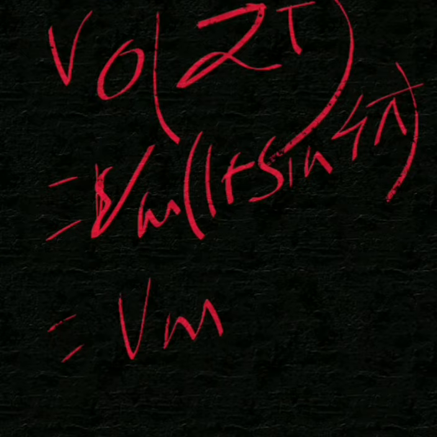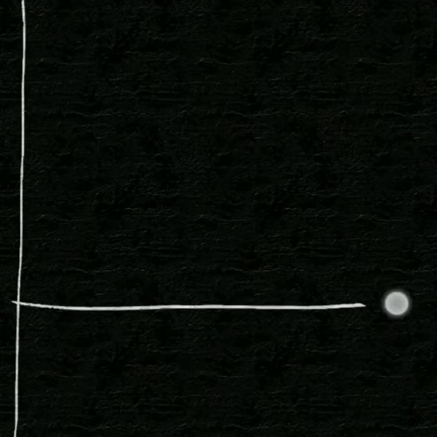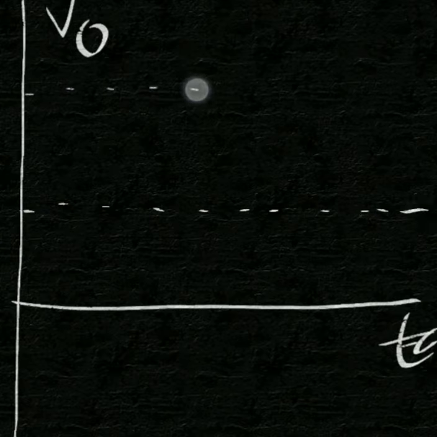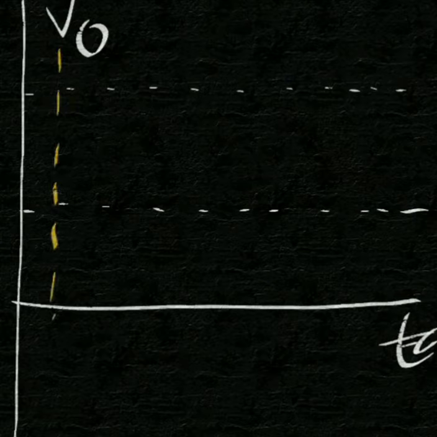So let us draw the graph. This side we are taking T and this side Vo. Suppose this is our Vm and this is 2Vm. Let us divide the time axis with duration of T by 4.